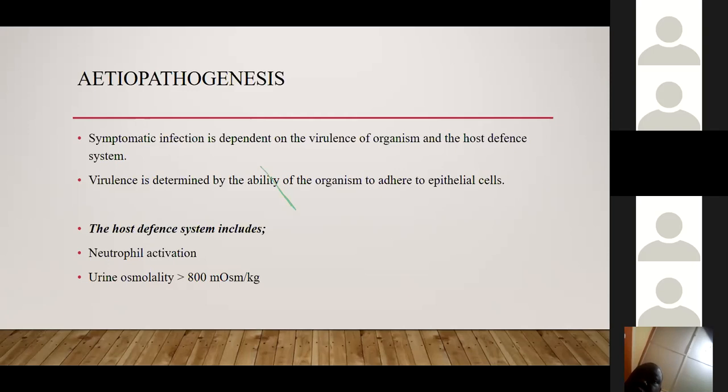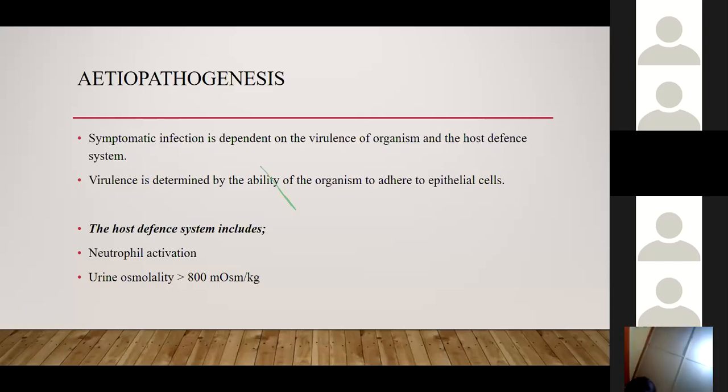As humans, our immune system is able to activate neutrophils to deal with these organisms. If you're unable to make these neutrophils because probably your immune system is a bit compromised, then you are going to have issues dealing with these organisms.